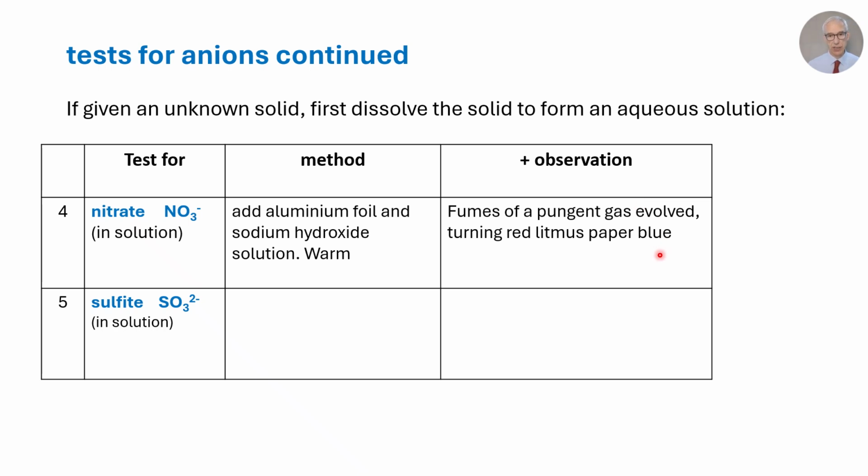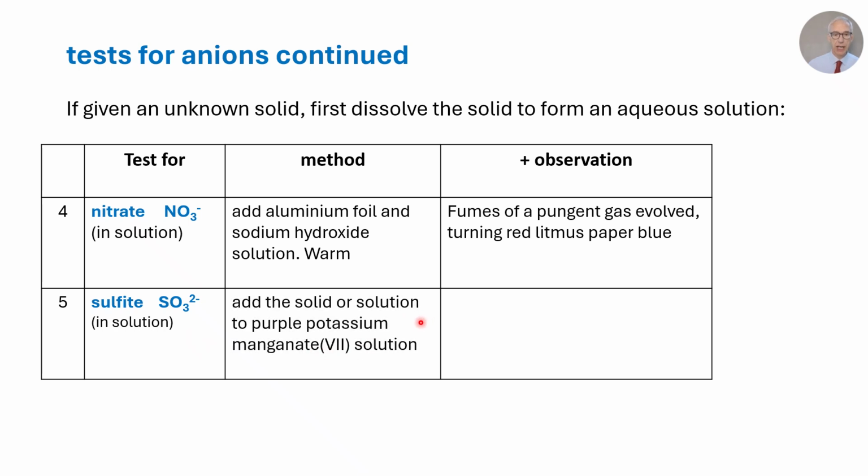That gas obviously is ammonia, but that test will tell you that you had the nitrate ion. The sulfite, SO3 2-, simply add your solid or solution to purple potassium manganate 7 solution. The purple colour is immediately lost. It decolorizes.